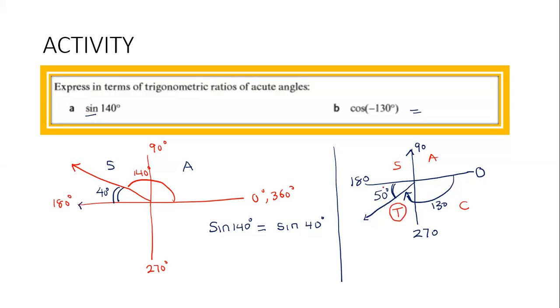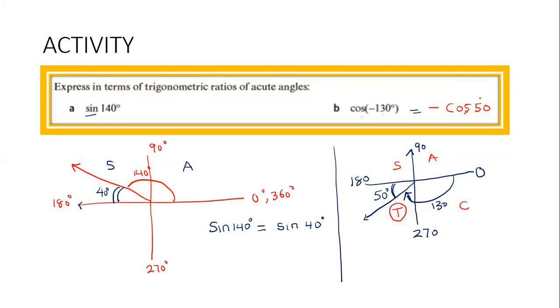So what am I going to do? That means that I'm going to write my cos as a negative. So I write negative cos of 50, and that is going to be my answer. So the moment you place cos negative 1/3 and cos of 50, you have put a negative.